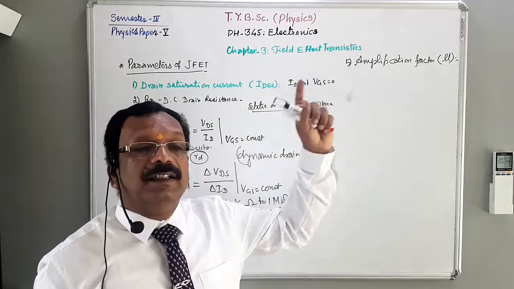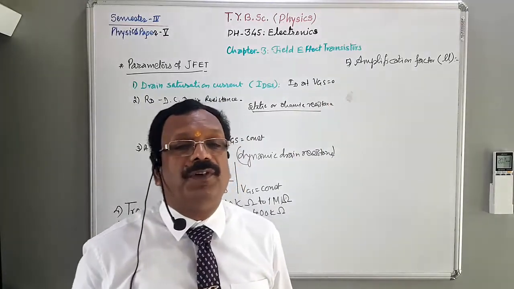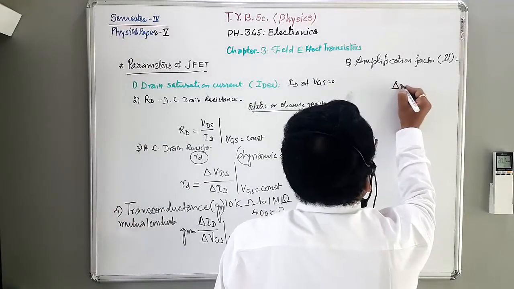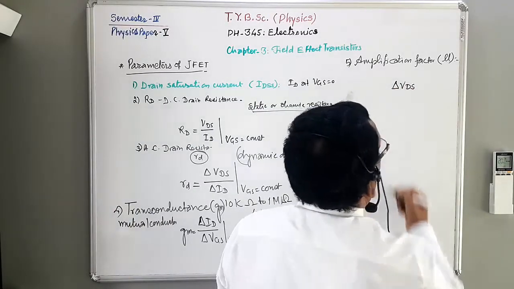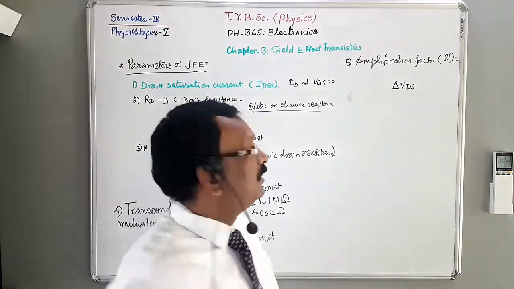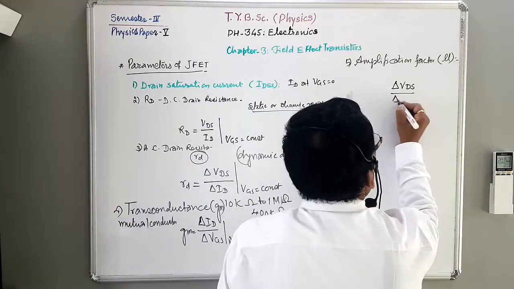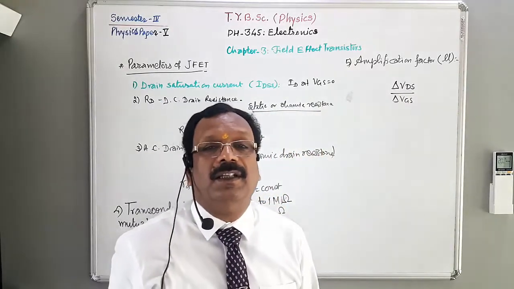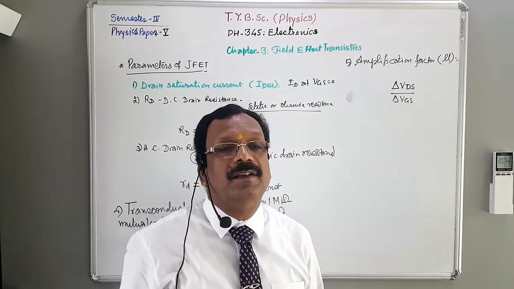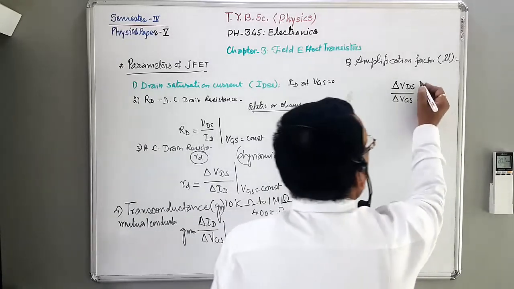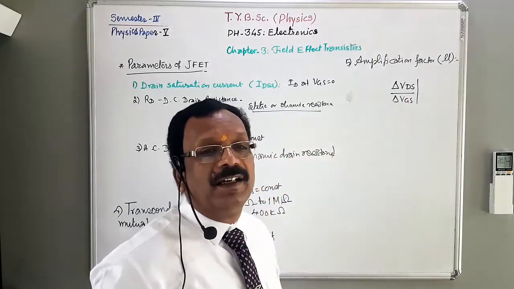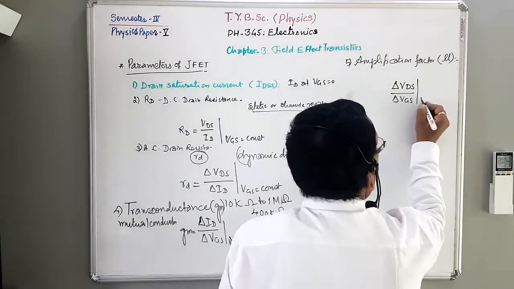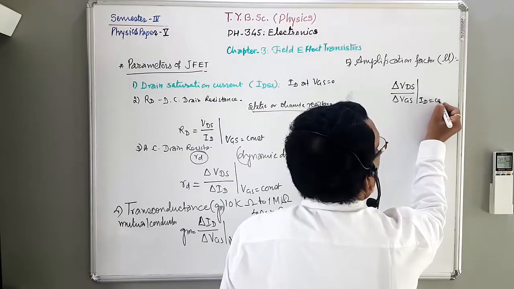Amplification factor is defined as the ratio of small change in drain to source voltage, that is delta VDS, to small change in gate to source voltage, that is VGS. But this should be at constant drain current, that is ID is equal to constant.